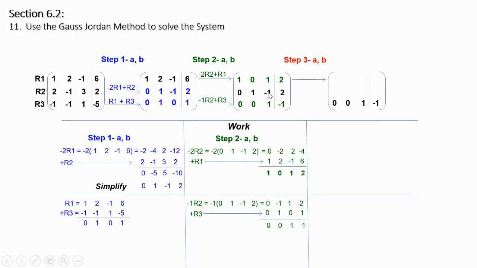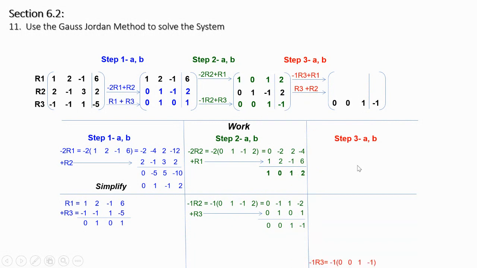And row 2, the third column, the negative 1 is going to change. And we have to use row 3. So to make that a 0 by using row 3, we have to multiply negative 1 times row 3 and add it to row 1. To get rid of the negative 1 by using row 3, all we have to do is add them, right? Because negative 1 plus 1 will give me a 0. So we're going to use row 3 plus row 2.